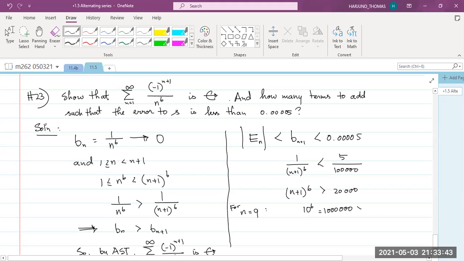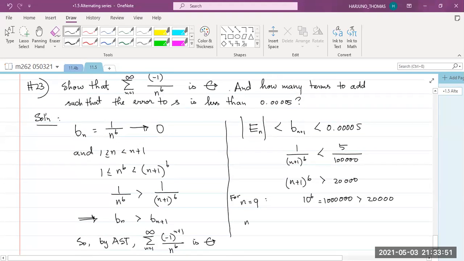But at least we know that 9 terms will solve the problem. Now let's go lower from here. Try, let's say, n equals 7. So 8 to the 6 equals what? Still a big number. That is still over 20,000. Let's make it smaller.